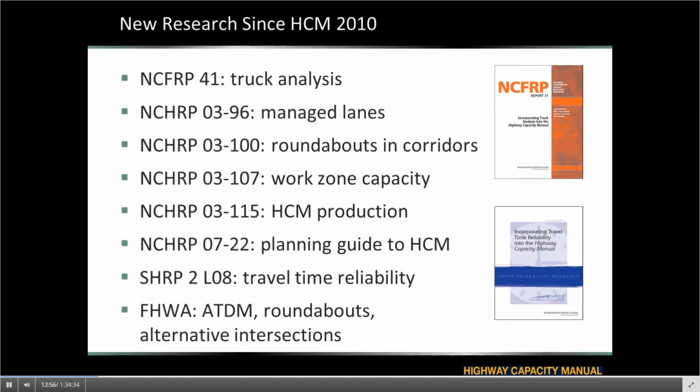Some projects update previous research to account for driver behavior and technological changes: truck analysis, roundabouts, and active traffic and demand management, or ATDM. Finally, some projects have focused on enhancing how all of this new and existing information can be effectively communicated to HCM users. Later in the presentation, we will go into more detail about how this research has been incorporated into the HCM.